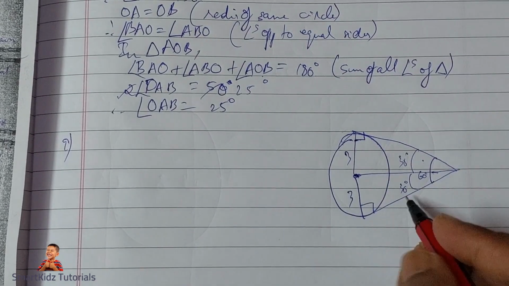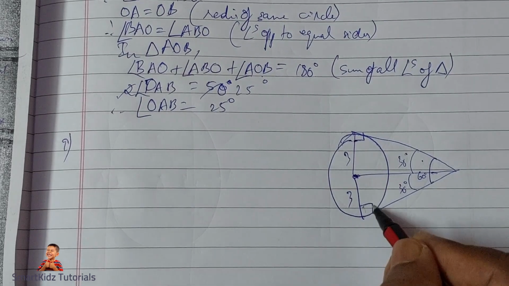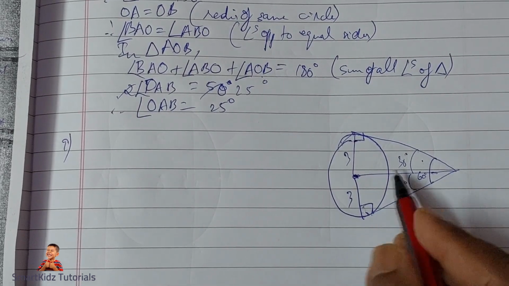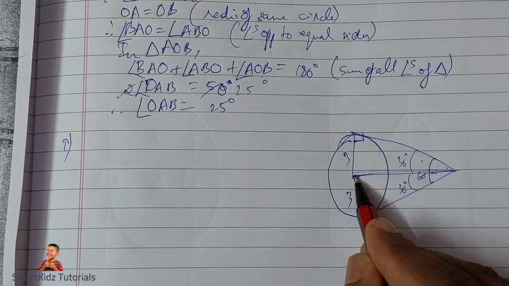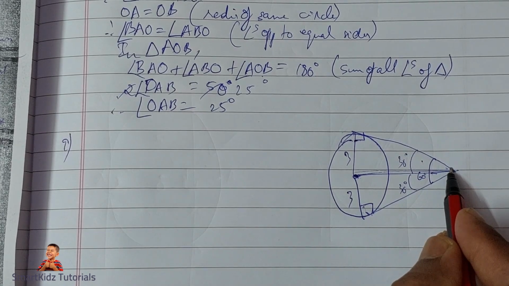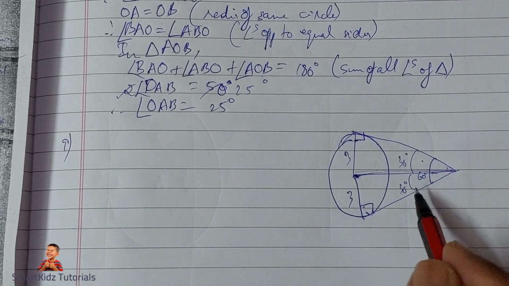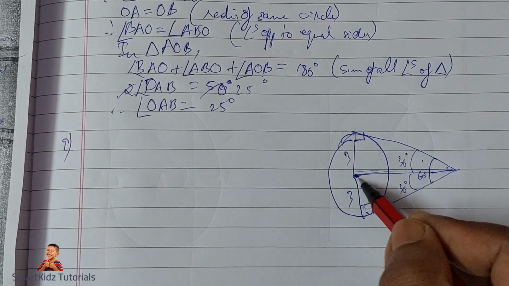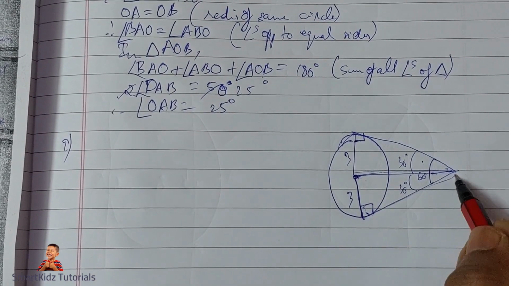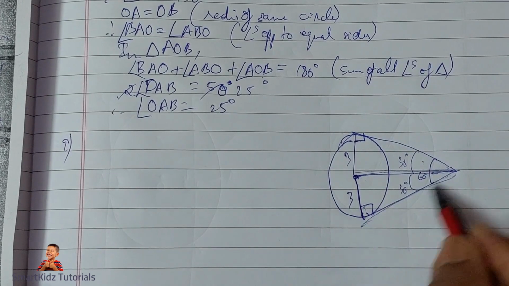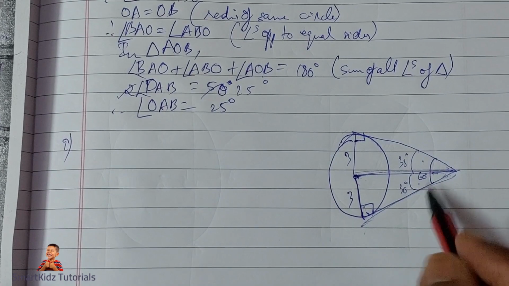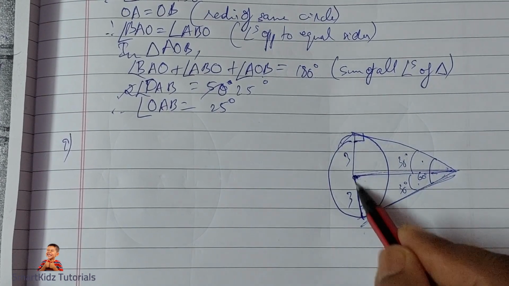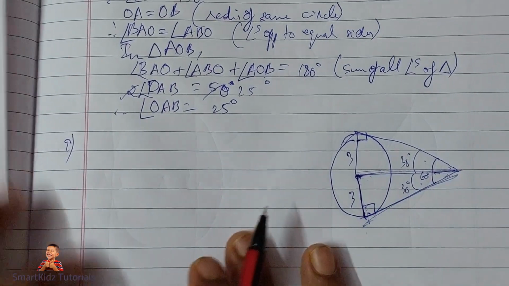If this is the right angle, that means the line connecting the center to the external point becomes the hypotenuse. We are given this part and asked for this part. That means we can use tan 30 degrees, because tan 30 degrees involves this side and this side, not the hypotenuse.